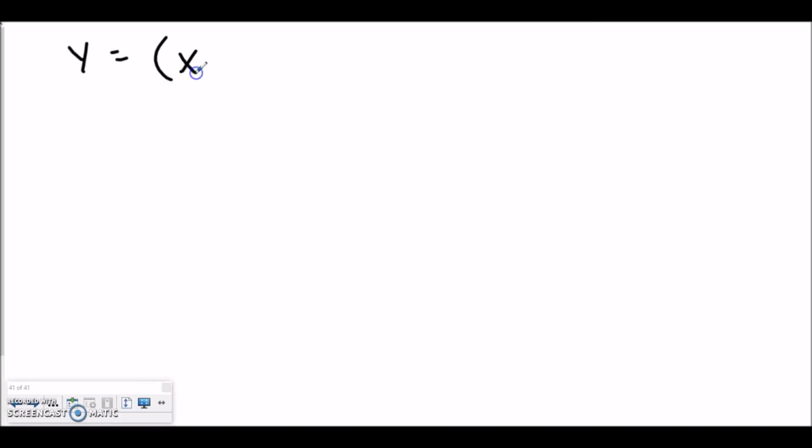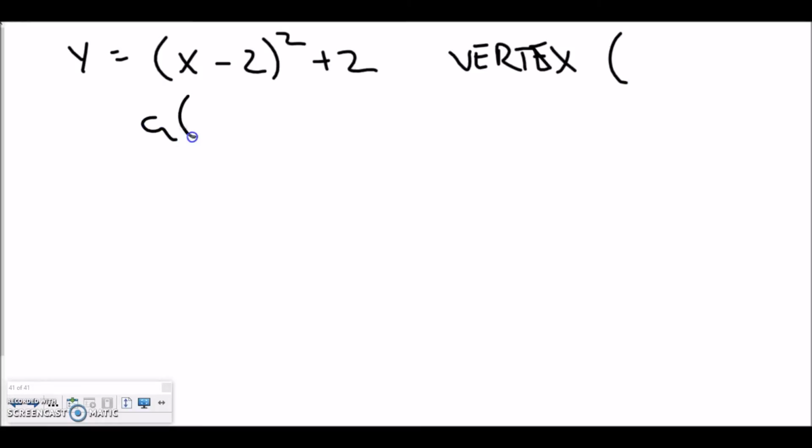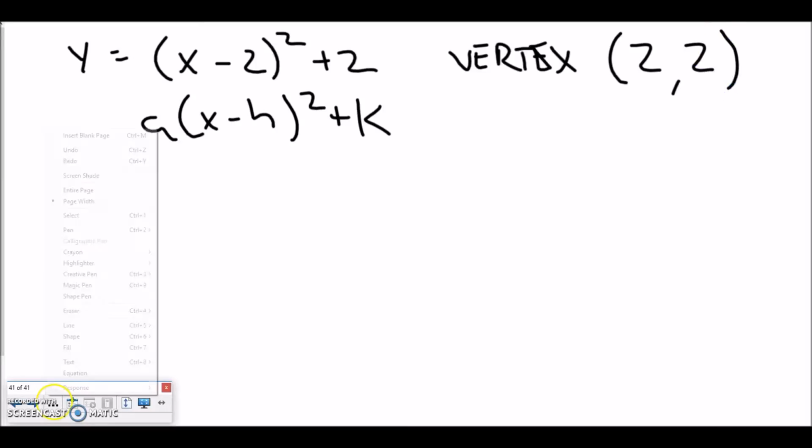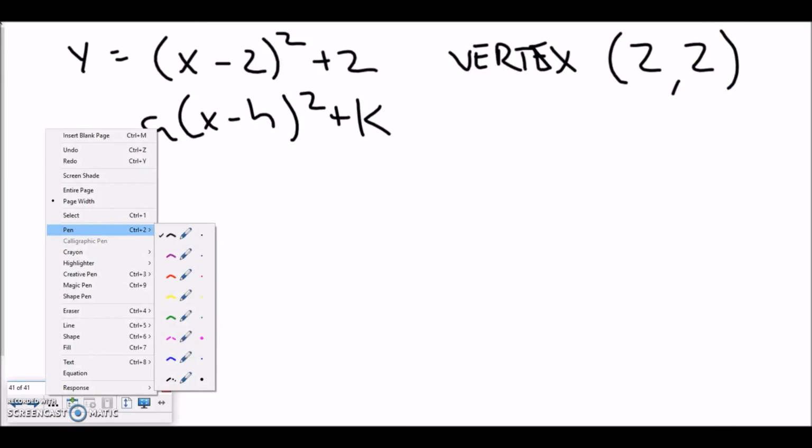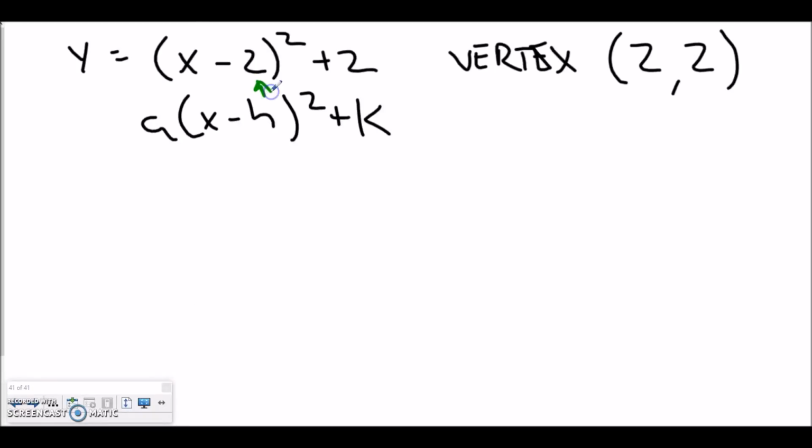So if we had (x minus 2) squared plus 2, where would the vertex be? We said our formula is a(x minus h) squared plus k. The vertex would be at (2, 2), because we see that h is 2.